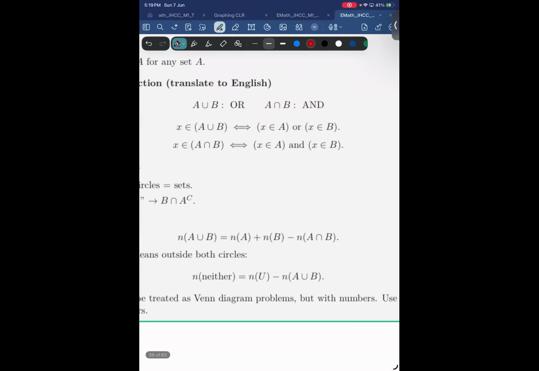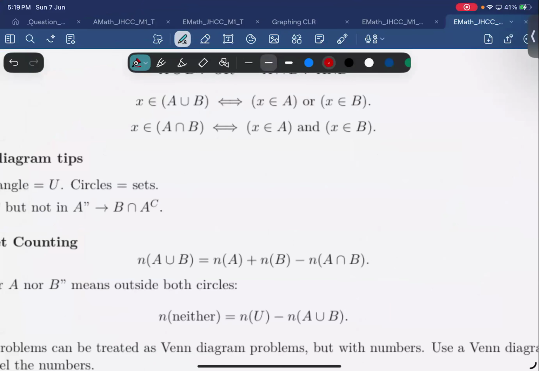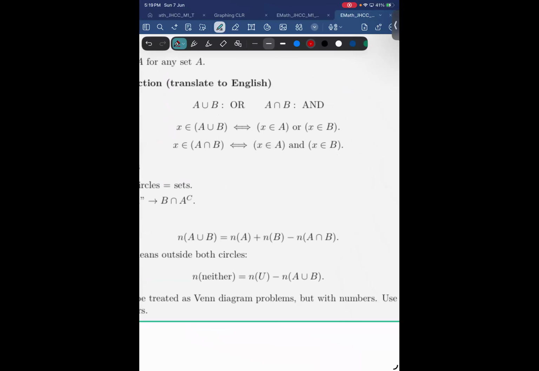And then the last formula that we just mentioned, I only mention the name because it's more confusing, but this particular formula is used to count how to relate the number of elements in A and B with the intersection and the union.